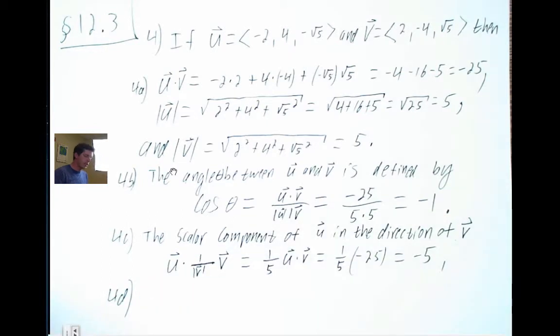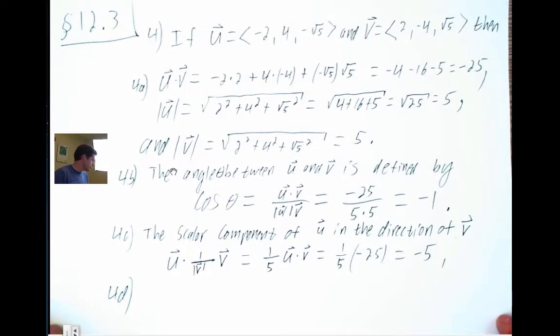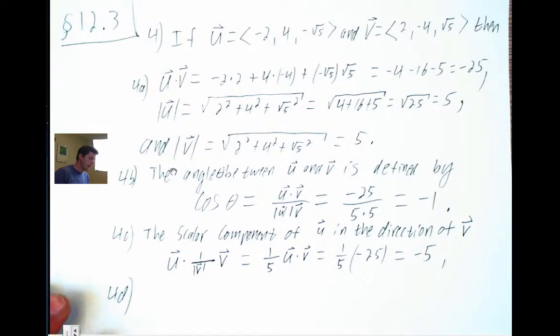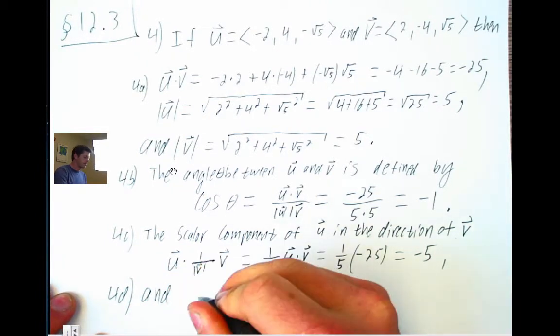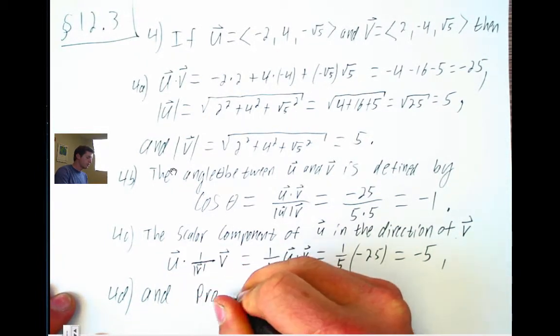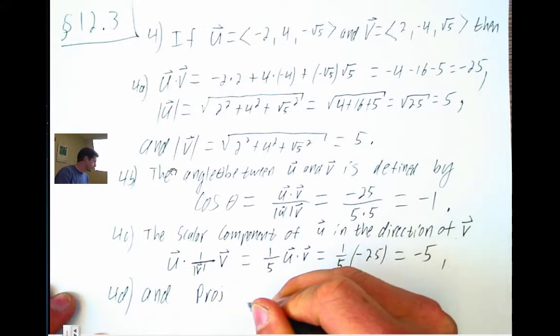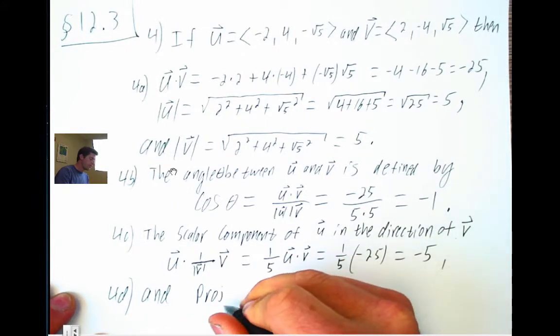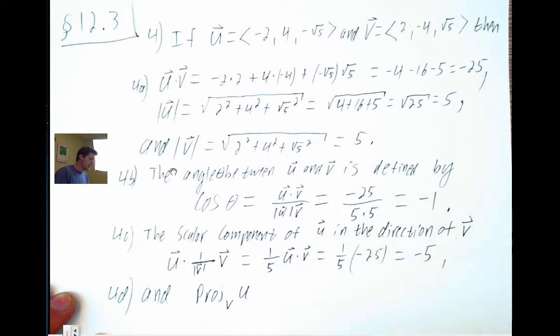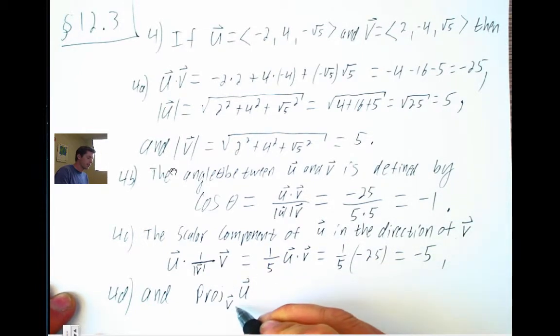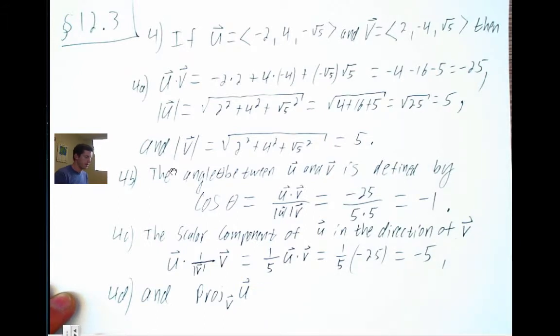Part D. I'm supposed to get not the scalar projection this time, but actually the projection of u onto v. I always think of it this way, like v is the guy below, so you're projecting onto him. That's my mnemonic for who to put where.